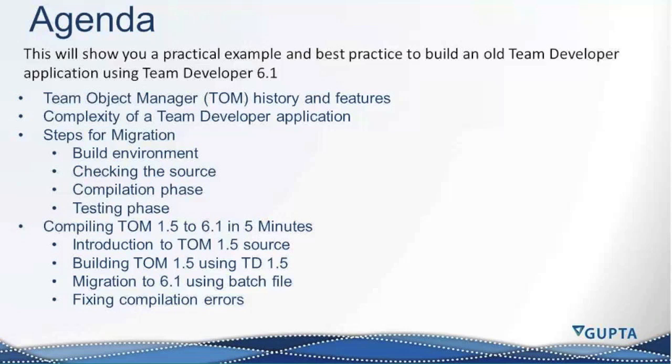Then I'll compile Tom 1.5 code into TD 6.1 code in 5 minutes. Then we'll do the introduction to the Tom 1.5 source code, building Tom 1.5 using TD 1.5, migrating to 6.1 using a batch file, and then we'll see some of the compilation errors or runtime errors that we have to fix.